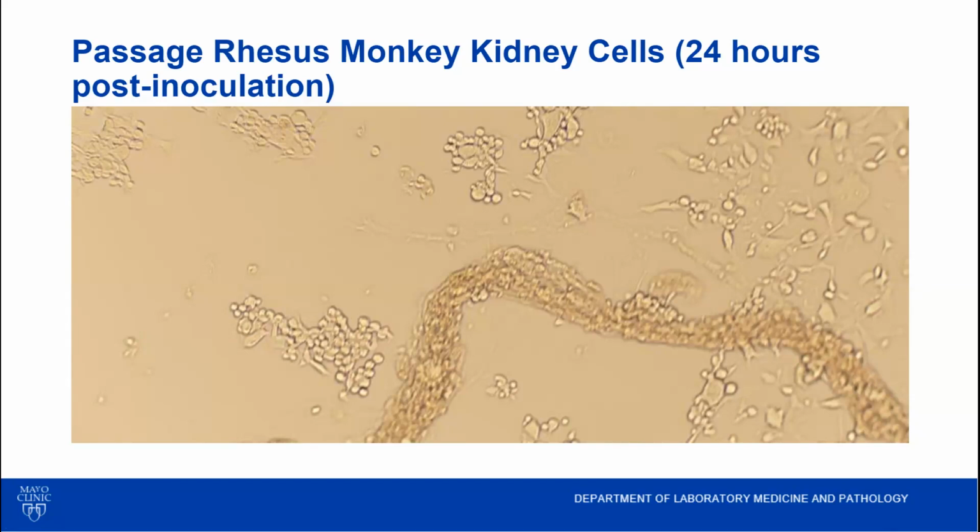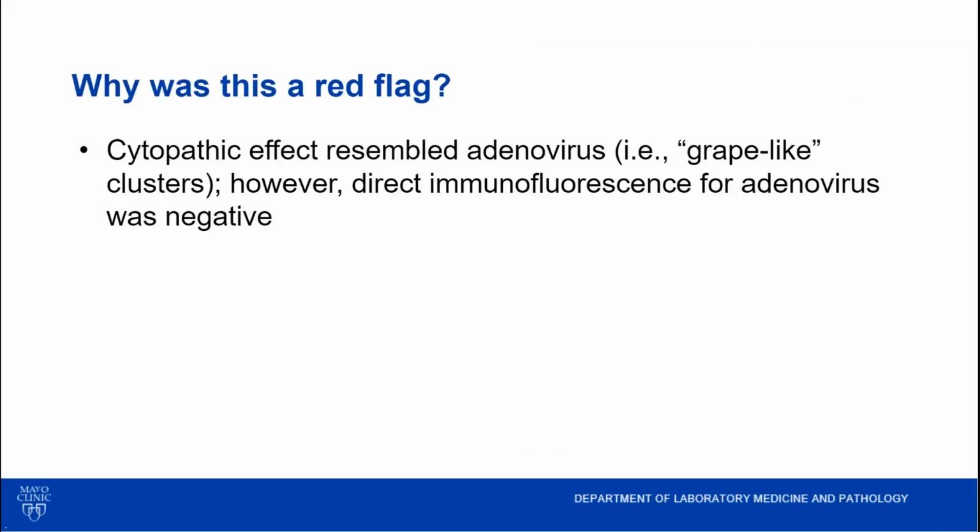But you might be asking, why was this a concern? Why wouldn't this just be considered a normal viral culture finding? So this was a red flag for a few reasons. First and foremost, the cytopathic effect that I showed you actually resembled what we would see with another common viral infection called adenovirus.